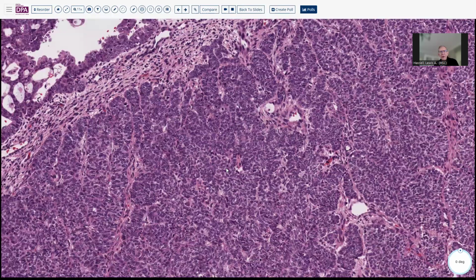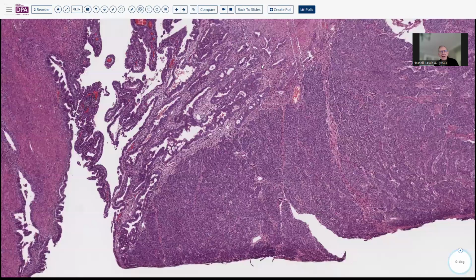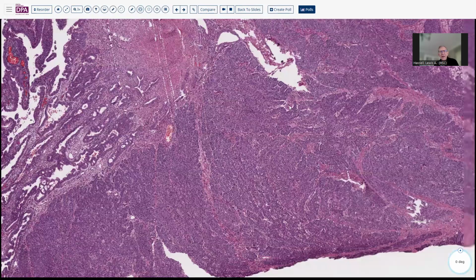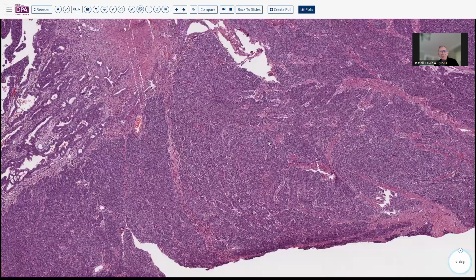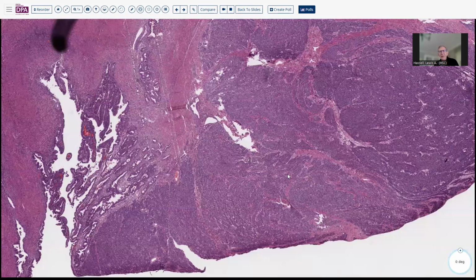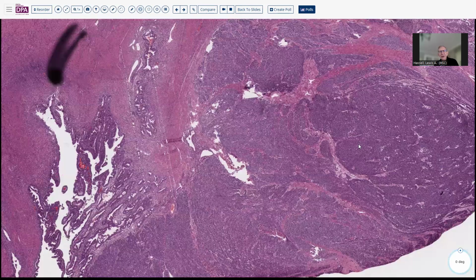And that's an important consideration. It changes the outcome and prognosis significantly. And so entertaining that possibility is important, particularly if you see differences in the immunoprofiles between these areas. And we'll talk about that a little bit more in the next video.